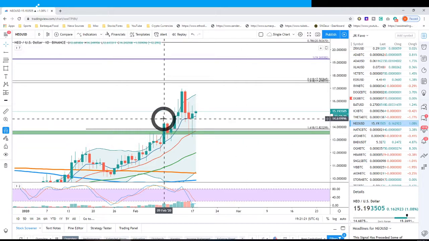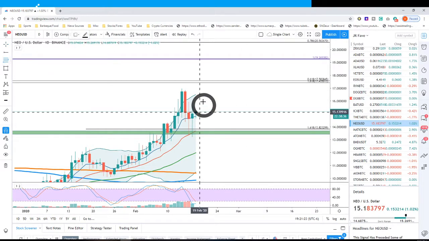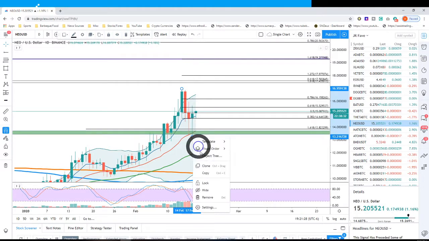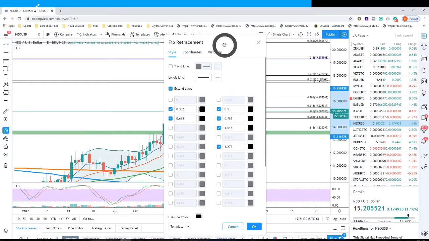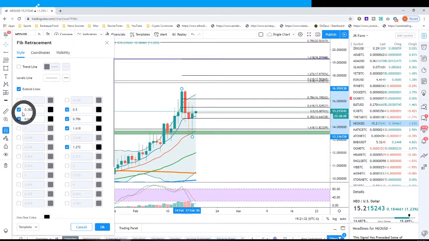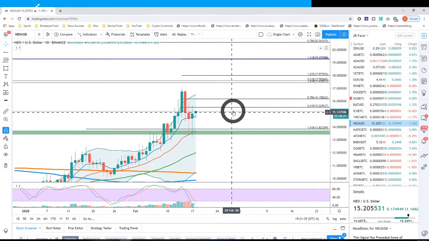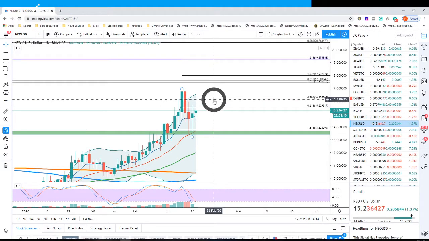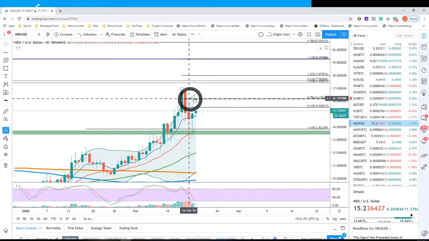So if that was a bottom, then let's draw our retracements. 38.2 has been passed. It's past the 50. And actually, you're at 61.8. So anything back above, let's call it 1575, you're still going to have some resistance up here.